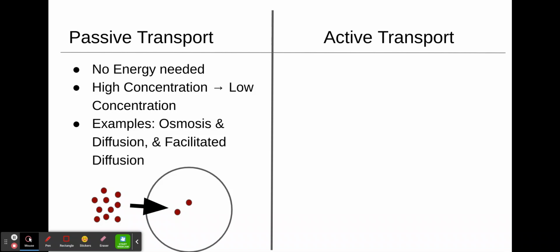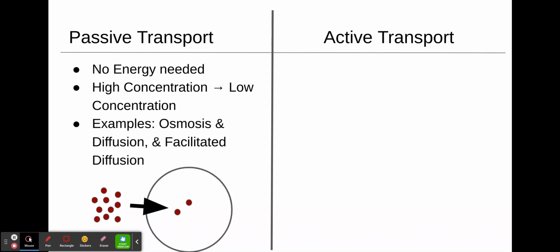So osmosis, diffusion and facilitated diffusion. Yesterday, when we made a model of the cell membrane, some of the molecules, if they were really tiny, could probably squeeze in between those toothpicks and marshmallows. Some of the molecules, like sugar, were really big. It couldn't fit through there.